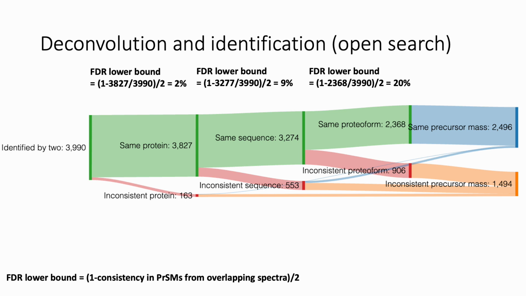And that means uncontrolled false positives at sequence and proteoform levels are due to these precursor mass determination errors. And for sure, from the large portion of orange, we can clearly see that the precursor mass is often incorrect.